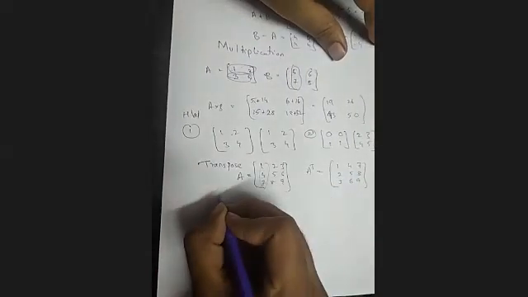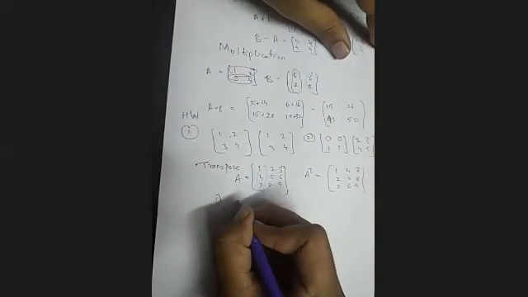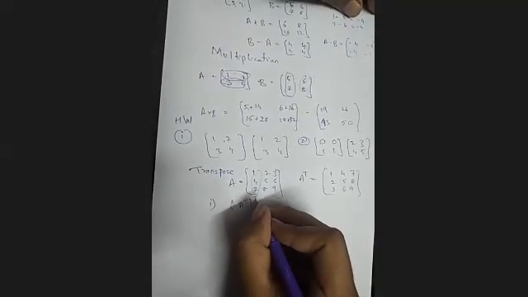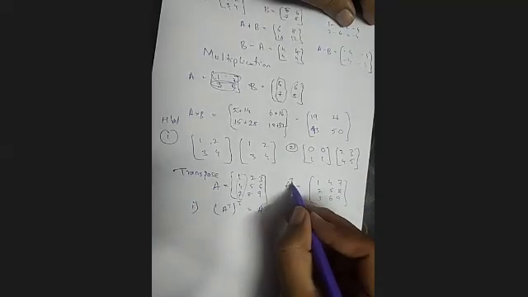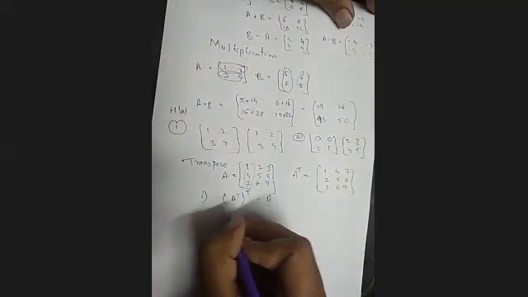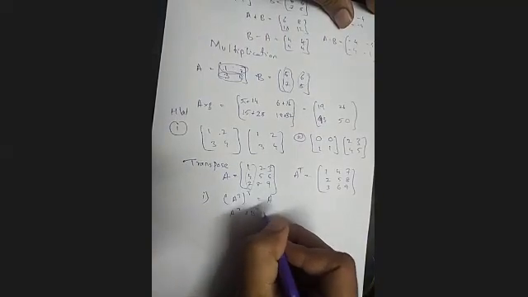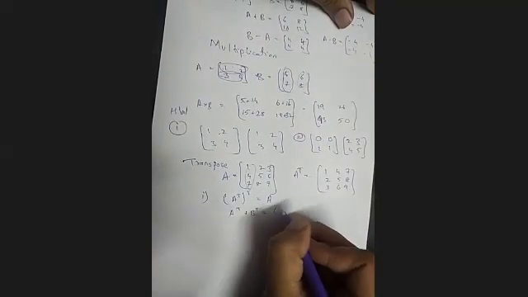So there are two laws for transpose. Number one, the transpose of the transpose will be A. Example, find the transpose of A transpose. You will get A back. Next, A transpose plus B transpose will be equal to A plus B whole transpose.